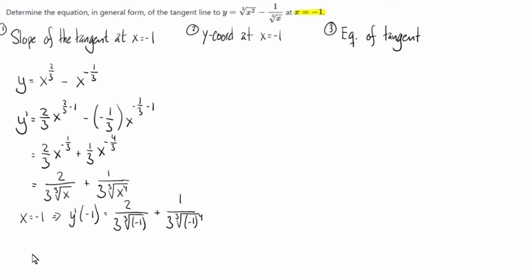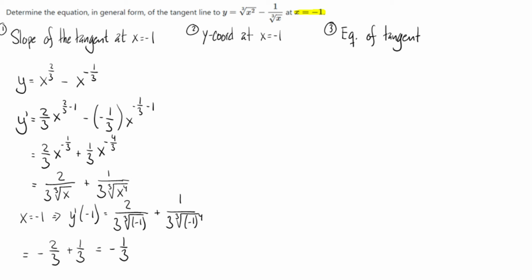Okay, so if we now evaluate this, the cube root of negative 1 is just negative 1. So this first term here is going to become negative 2/3. And then negative 1 to the power of 4 is positive 1. Cube root of positive 1 is just 1. So this whole term becomes plus 1/3. If we now just add this up, we're going to get negative 1/3.